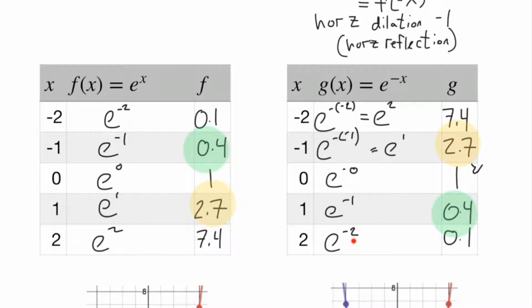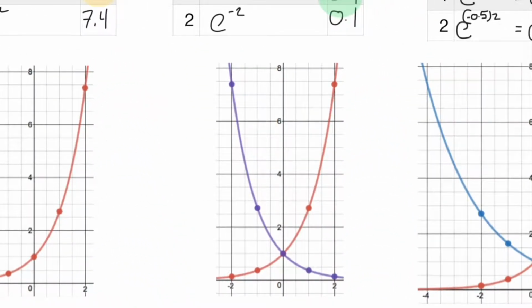Positive 2 becomes negative 2, e to the negative 2. All of these values get flipped. 0.1 goes down to the bottom, 7.4 up to the top, and you can see 0.4 goes down here and 2.7 goes up here. Graphically, all the points get reflected over the y-axis. This is the parent, and this is the transformed function.